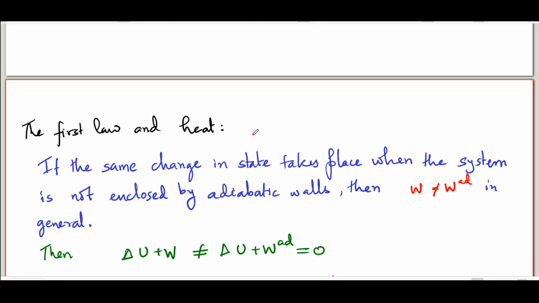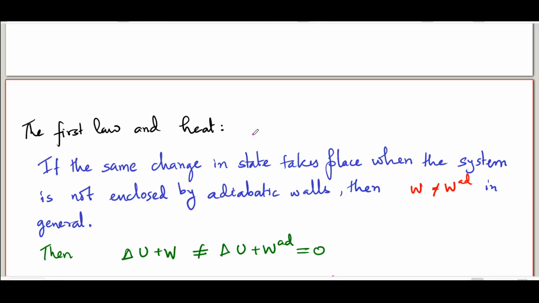If the same state change takes place when the system is not enclosed by adiabatic walls, then the work done will not be equal to the adiabatic work done in general. Note that in general the work done is path dependent, so if you are going to use a different path to go from PiVi to PfVf, and usually if it's not an adiabatic system, you would definitely use a different path from when the system were adiabatic.